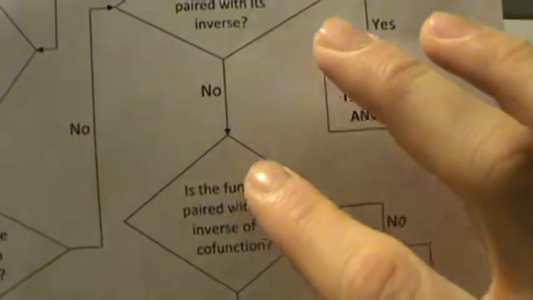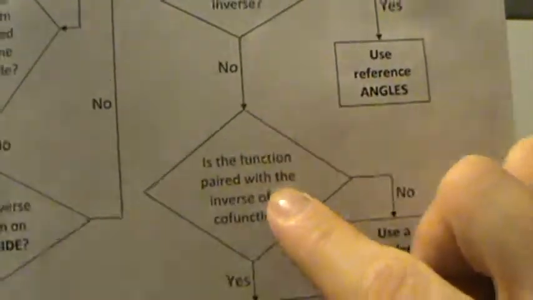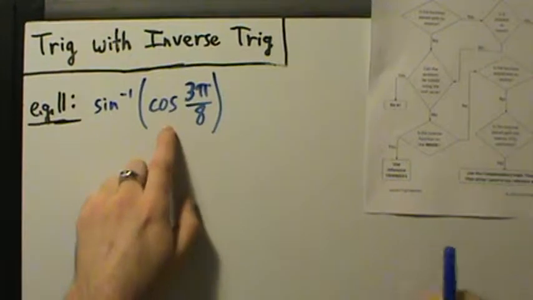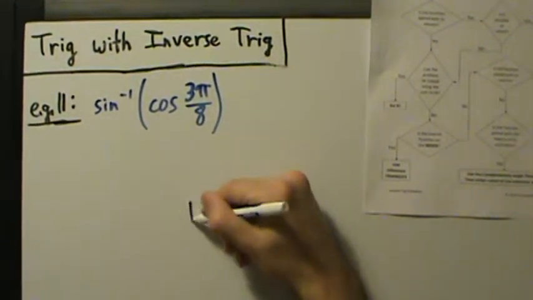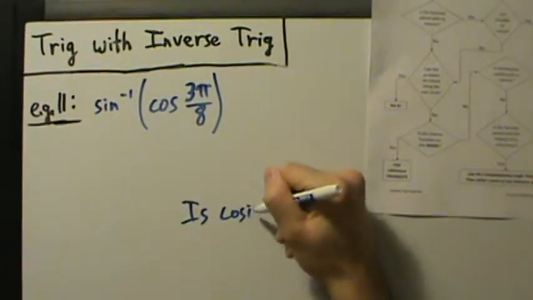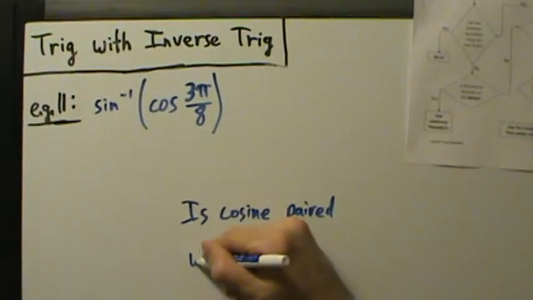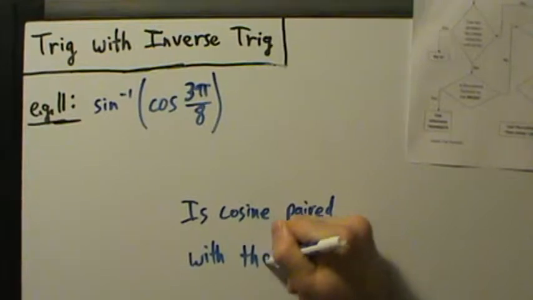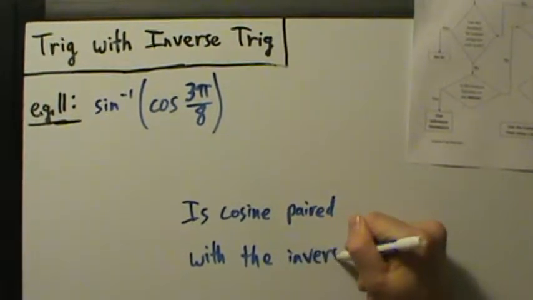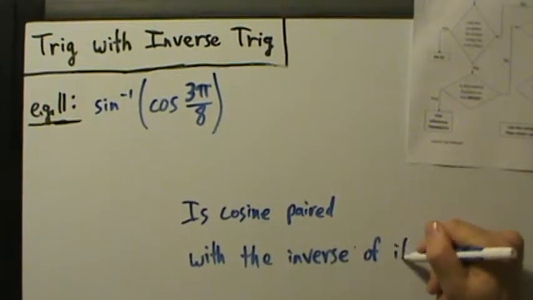Now that might sound like a mouthful, but let's break down what that means. Is the function paired with the inverse of its cofunction? So what's the function? Cosine. So is cosine paired with the inverse of its cofunction?